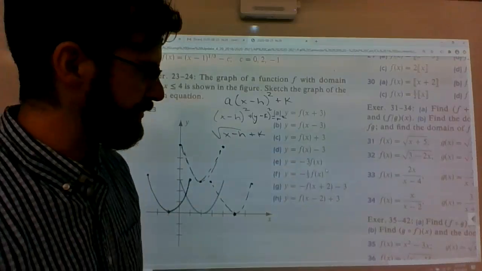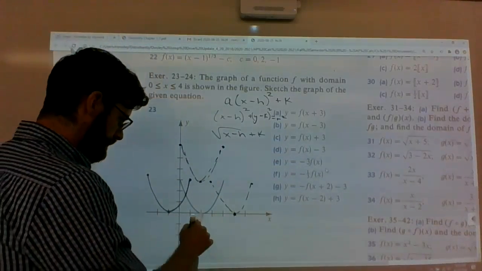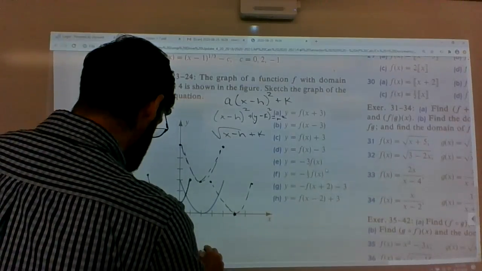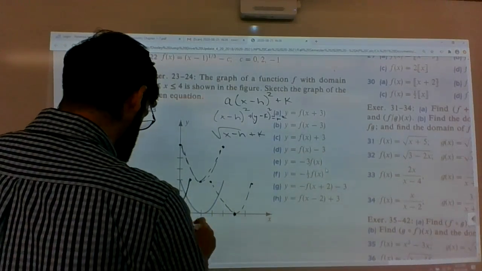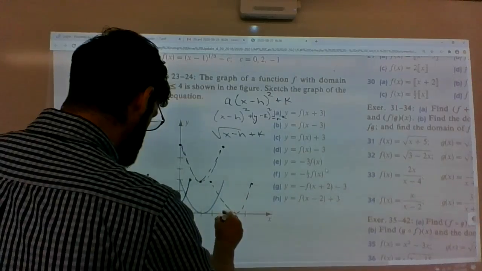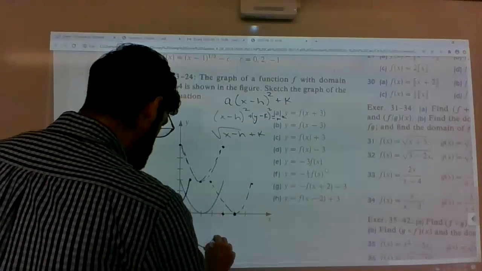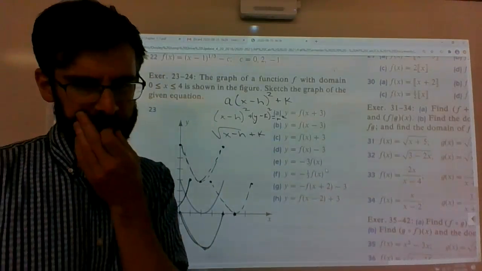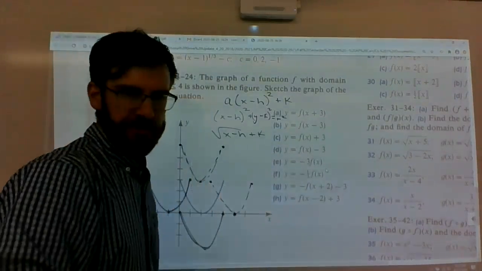And this is shifted down 3 units. So hopefully that's giving a pretty clear picture of how this is working out.